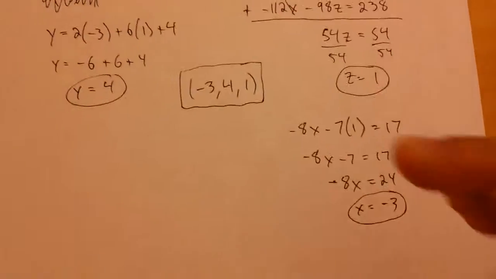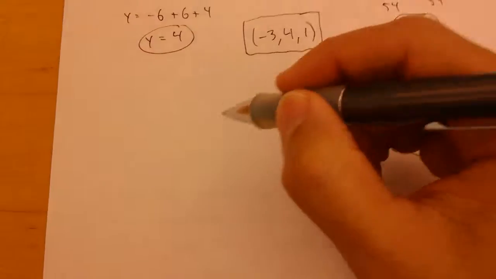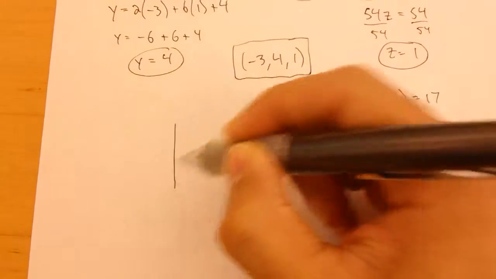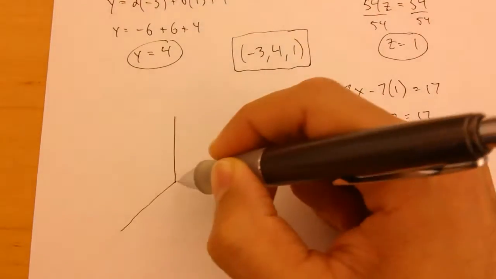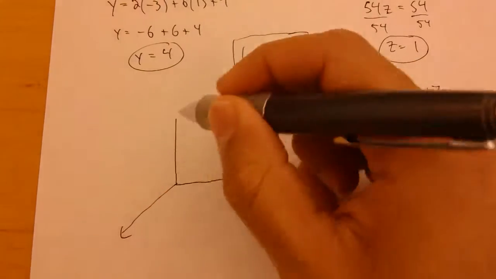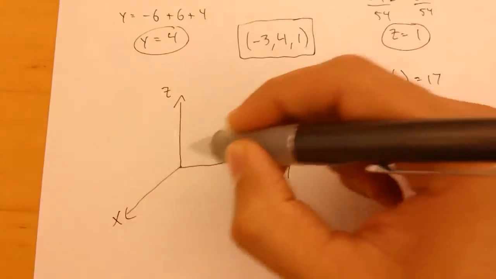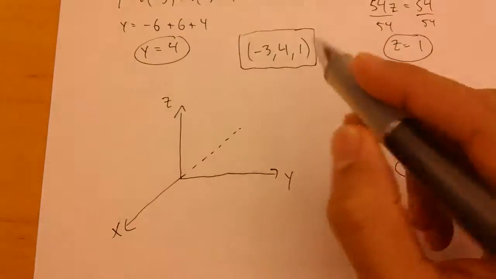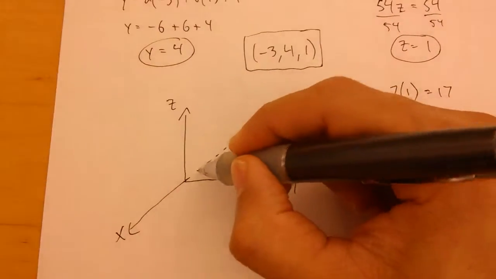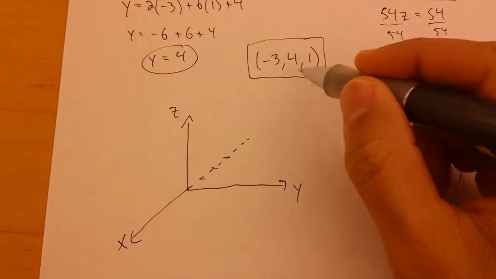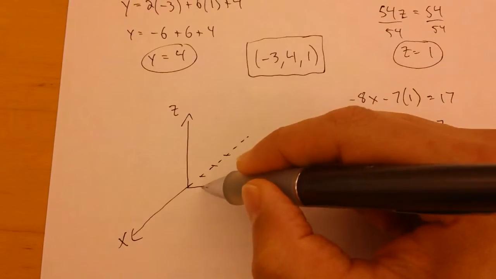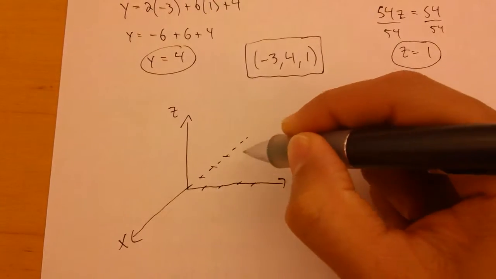If I wanted to graph that, it would look something like this. Again, this is my x-axis, y-axis, and z-axis. I'm going to be going back here for my negative 3. So let's go back here, 1, 2, 3. I'm going to go over 4. 1, 2, 3, 4.